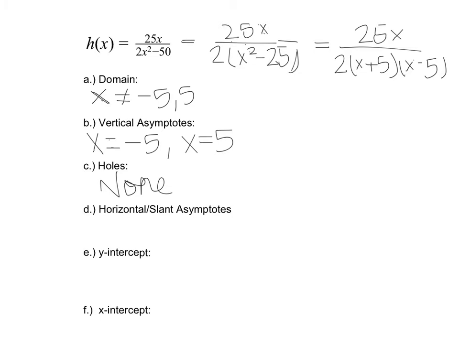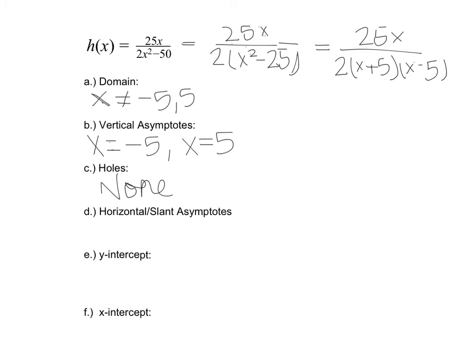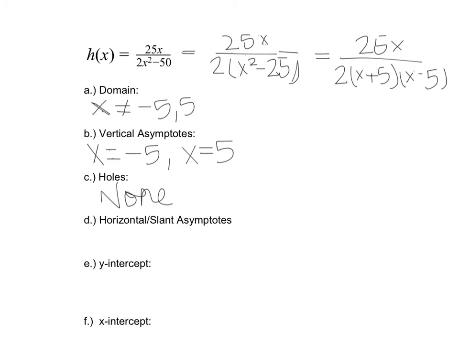So we look at the degrees, and if we look at our numerator, it has a degree of 1, and our denominator has a degree of 2. So this is an example where the denominator's degree is greater than the numerator's. It is a horizontal asymptote, and it is of the form y equals 0.